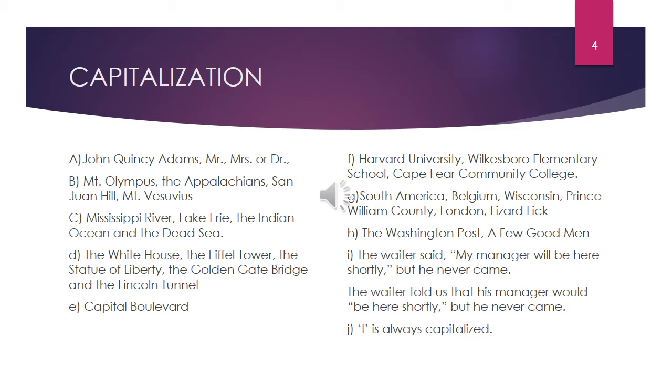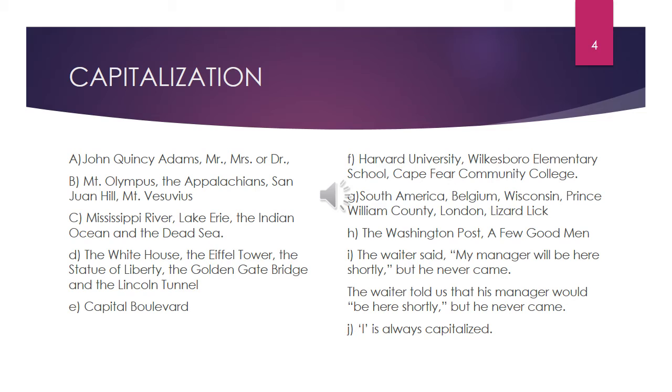The next example is buildings, monuments, bridges and tunnels, like man-made structures. They also have names: the White House, Eiffel Tower, Statue of Liberty, the Golden Gate Bridge, Lincoln Tunnel. All these are examples of man-made monuments, bridges or tunnels, right?